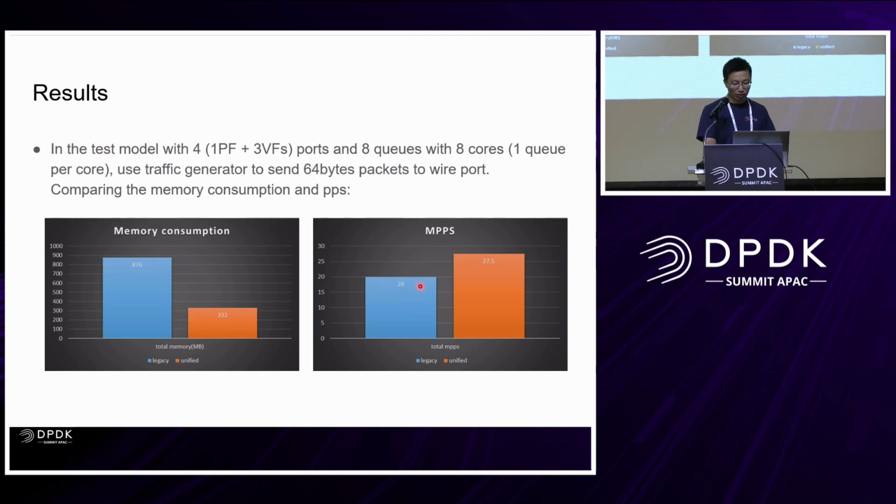But if we eliminate rx burst for the other representor ports, then it increases to 27.5 mega PPS.